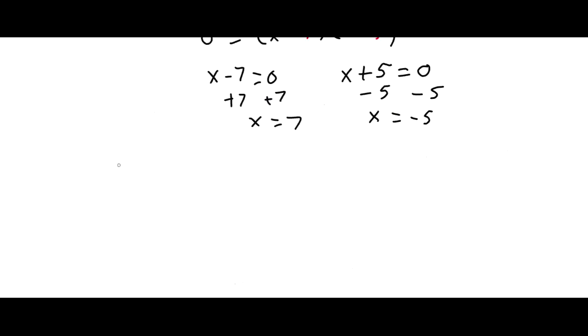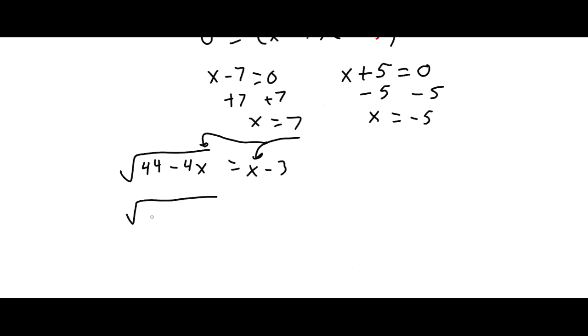So if we check the x equals 7, we started out with the square root of 44 minus 4x equal to x minus 3. We have to take that 7 and substitute it for both of the x's, which means we have the square root of 44 minus 4 times 7 equals question mark 7 minus 3.